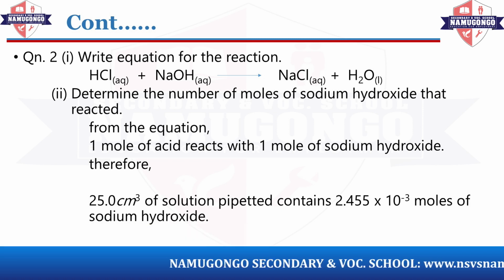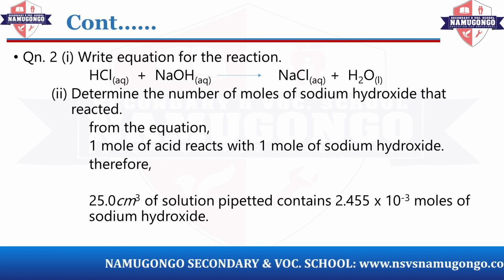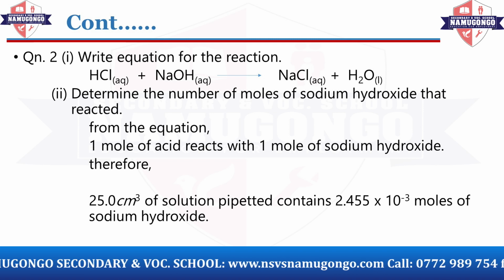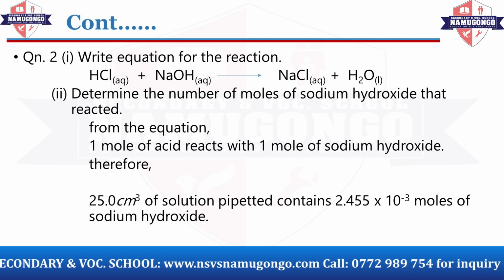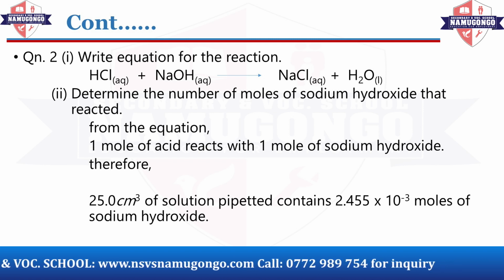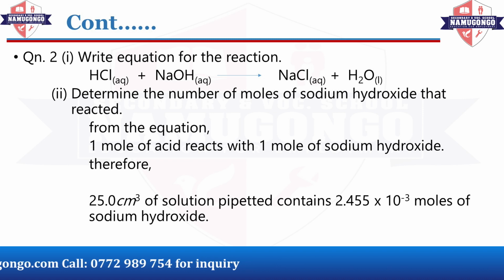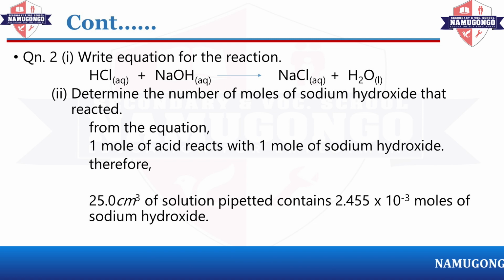We're going to proceed and find out the number of moles of sodium hydroxide that completely reacted with the hydrochloric acid from the burette. But I've said we cannot do that before we write the equation of reaction. So what we are going to do is to repeat the equation of reaction, which I've given you some time back, but we are going to repeat it for remembrance.